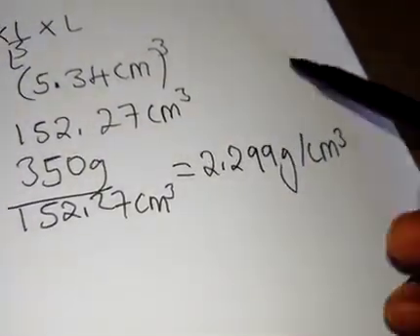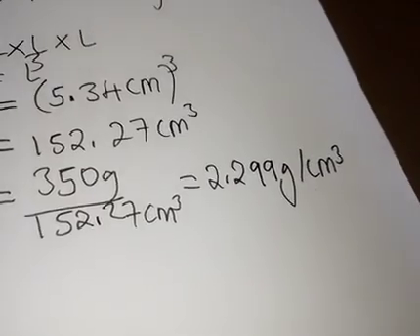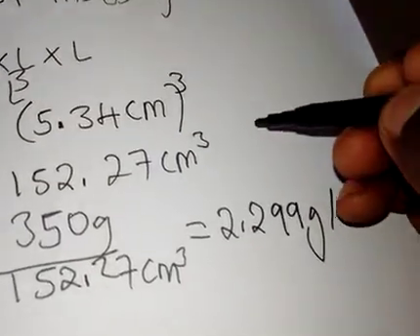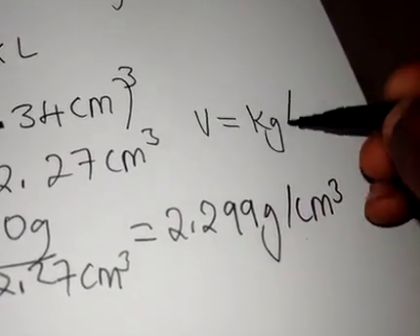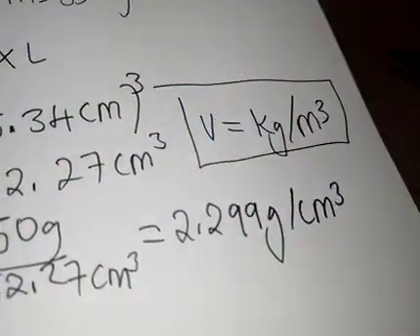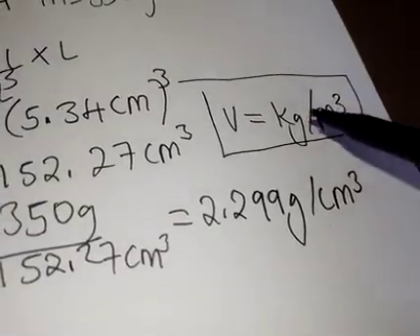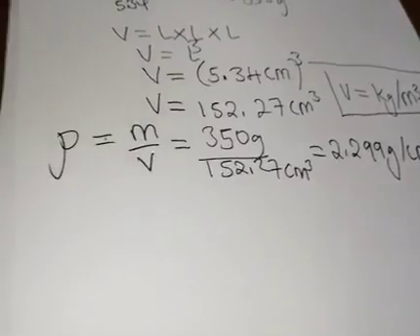That's the density. So this density should be converted now to SI units. And you know that for density, the SI units are kg per cubic meter. So we should convert from grams per cubic centimeter to kg per cubic meter. So we use the chain link conversion.